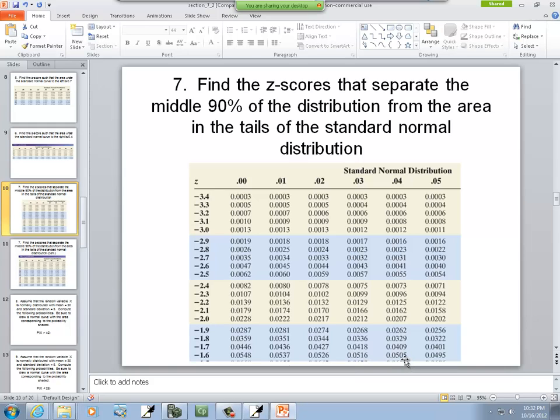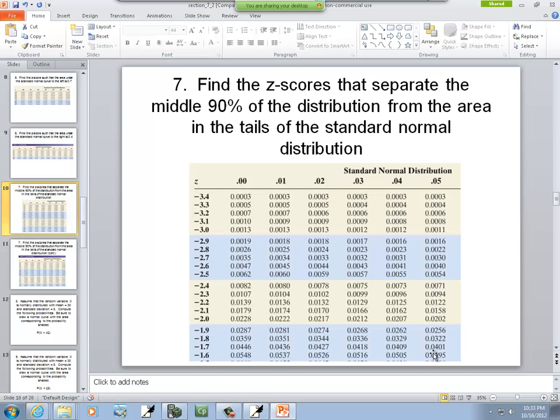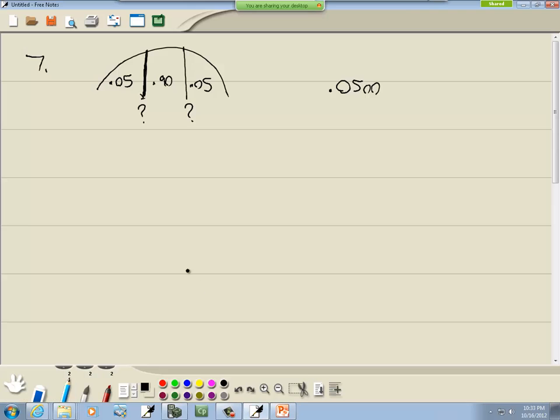Down here I get 0.0505, that's fairly close. And here's 0.0495. Well, this one's 0.0005 off. This one's 0.0005 off. So these are actually the same in terms of closeness to this. So we're going to go halfway in between this. If I go straight over here, it's negative 1.6.